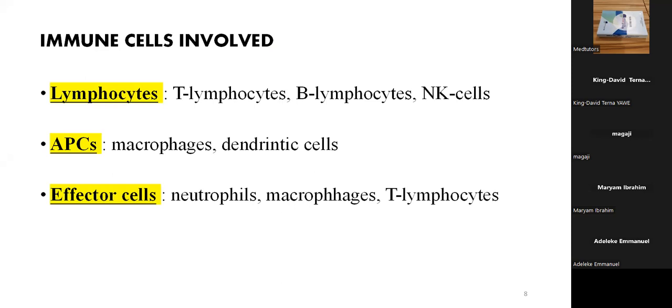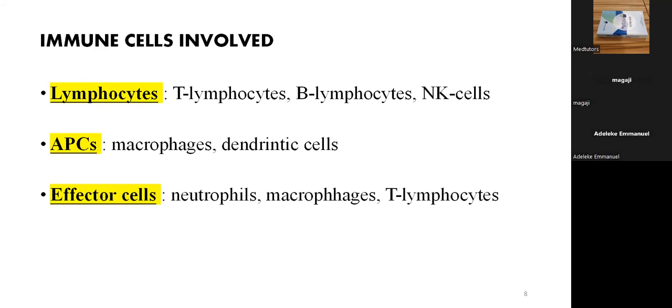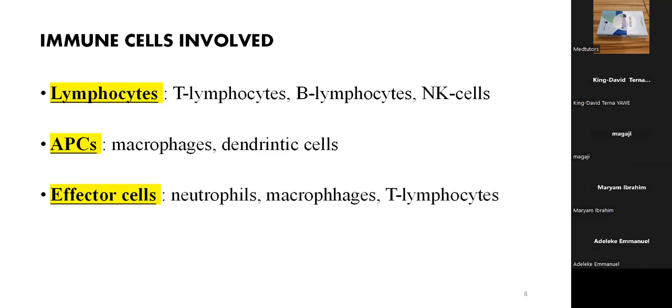A subset of the lymphocytes also produce cytokines that stimulate B lymphocytes to produce antibodies against the invading antigen. So the T lymphocytes are the targets in immunosuppression in transplant. So we have also antigen presenting cells, macrophages, dendritic cells, and B cells. Then the effector cells, which are neutrophils, macrophages, and T lymphocytes.